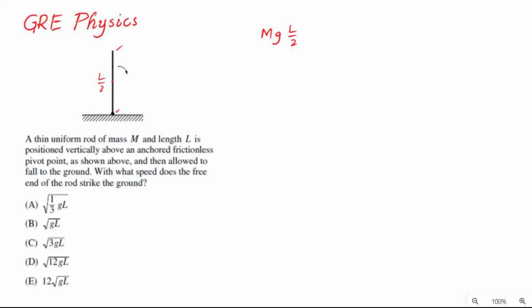So let us equate it to rotational kinetic energy, half I omega squared, where I is the rotational moment of inertia of the rod about the pivotal point here at the end, and omega is the rotational velocity of the rod as it hits the ground. And this equation will give me the speed of a point at the end of the rod when the rod strikes the ground. So let us simplify this equation further.